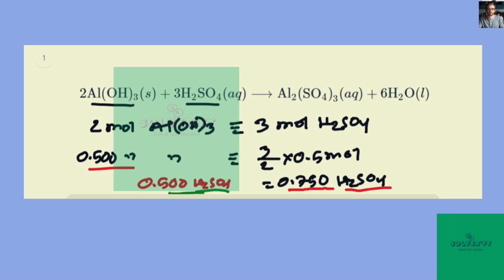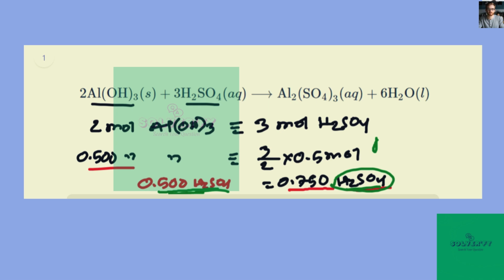Since the amount present in the reaction is less than required, this 0.5 mole H2SO4 will be completely consumed, and that's why H2SO4 is the limiting reactant here.